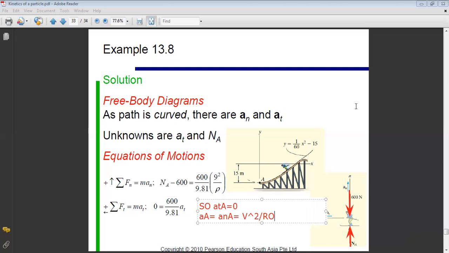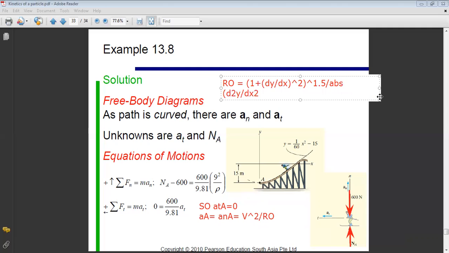Now, how to get rho here? Since they gave us the formula of y as a function of x, we apply the big formula we learned in the previous chapter, which is rho equals 1 plus (dy over dx) squared, the whole term to the power 3 over 2, yani 1.5, over the absolute value of the second derivative, d squared y over dx squared.